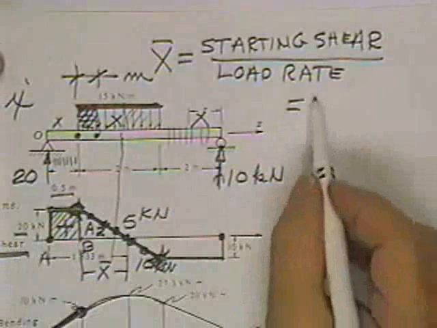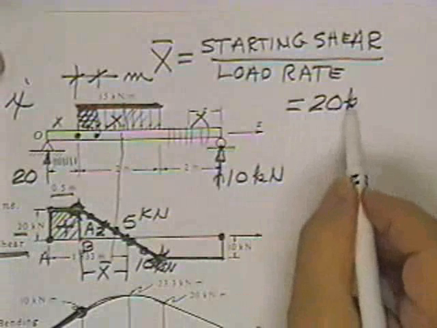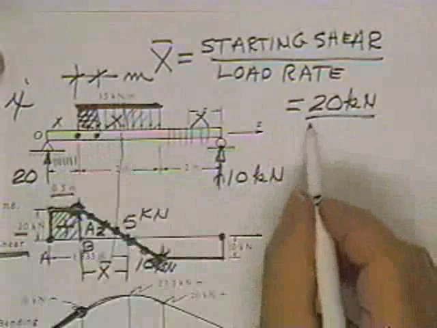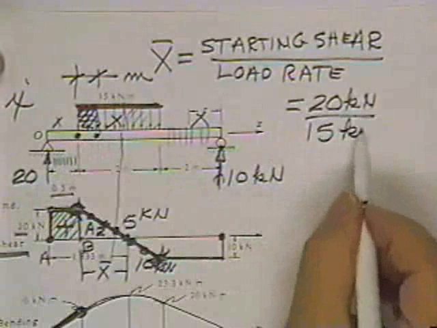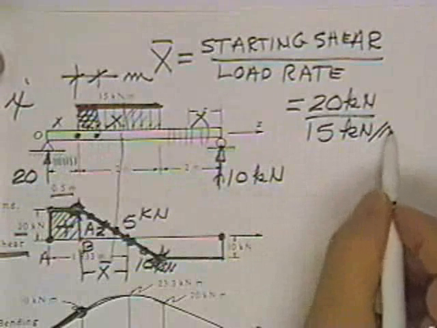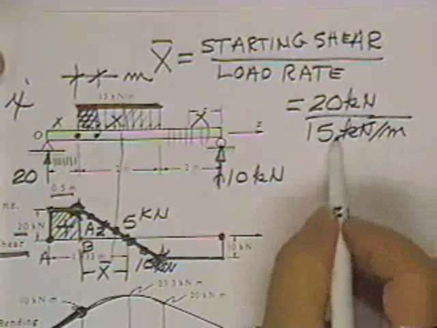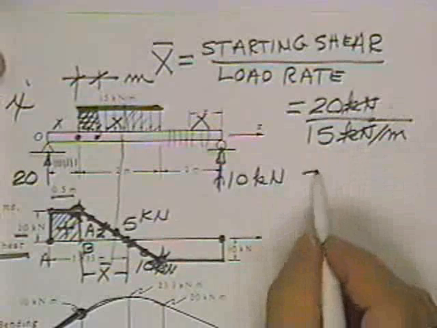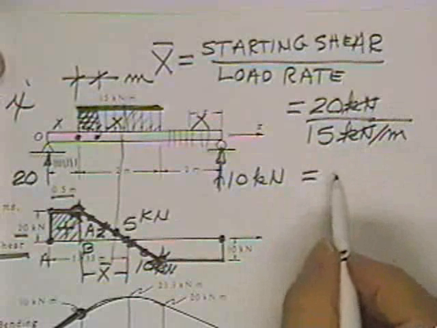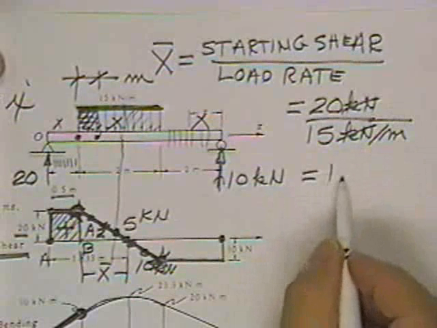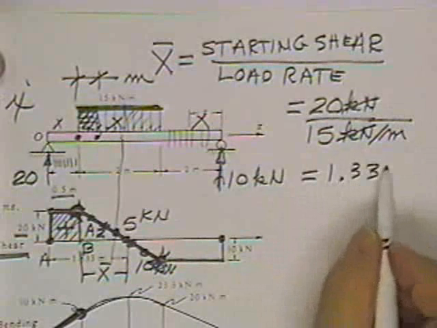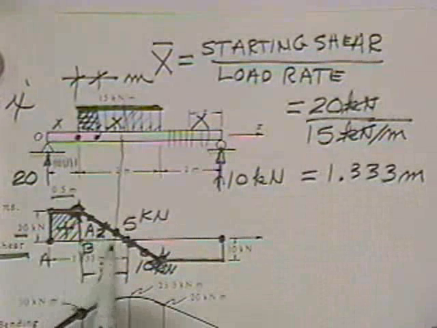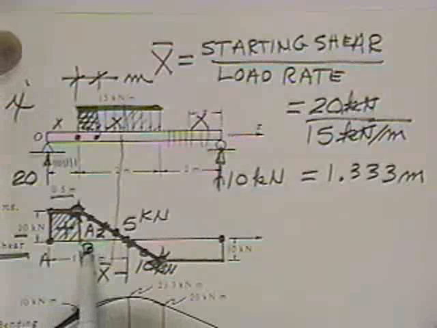That number is 20 kilonewtons. And I divide it by the load rate, which is 15 kilonewtons per meter. Kilonewtons cancels kilonewtons, meter goes upstairs. Even the units are right. That is 1.33, thank you, meters. So the base of area 2 is 1.33 meters.